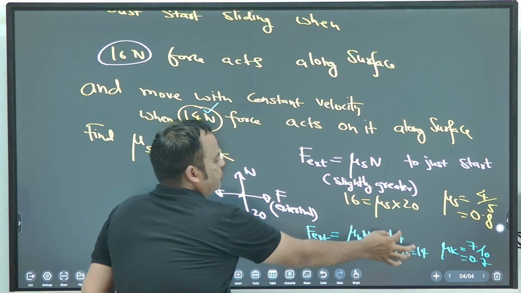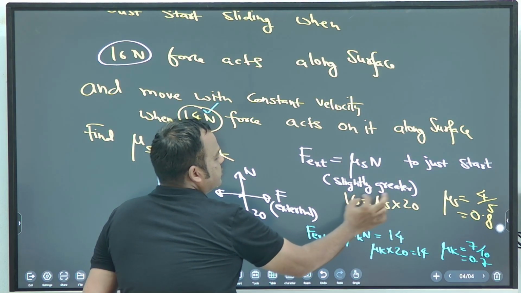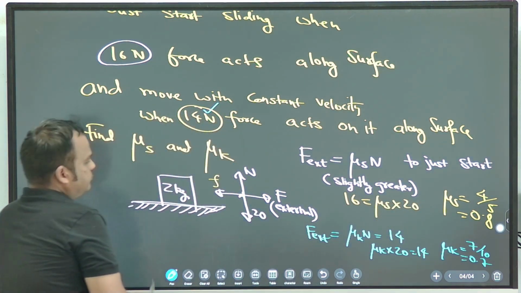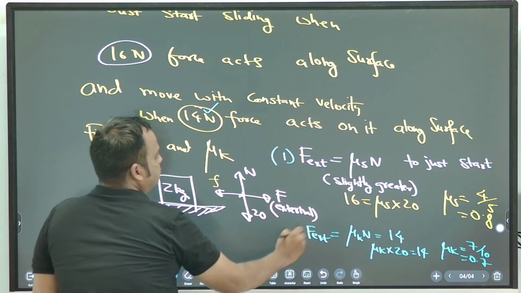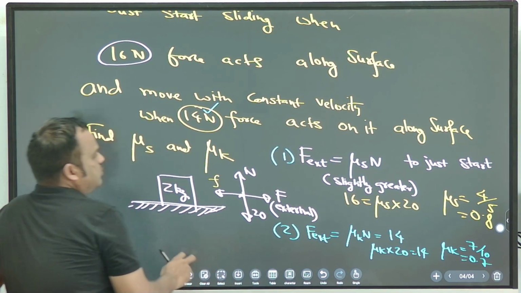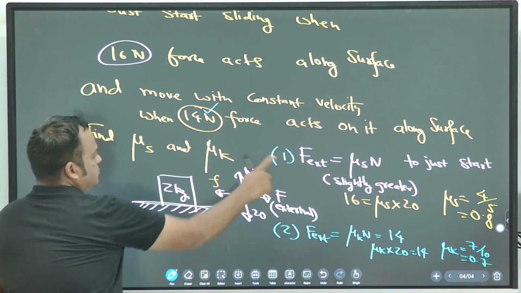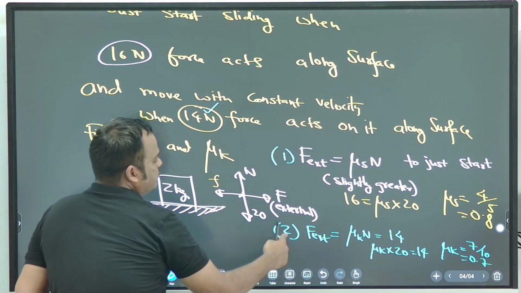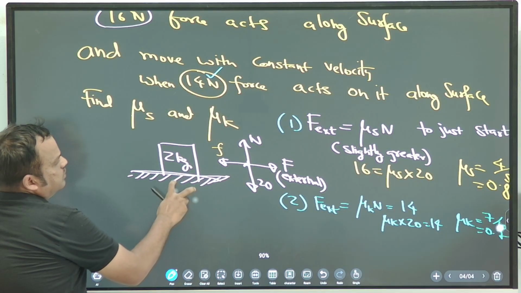So what is the value of 14 Newton? Mu k n. Clear? What is the value of 16 Newton? Mu s n. Okay, finish, done. Just start means this, constant velocity means this.